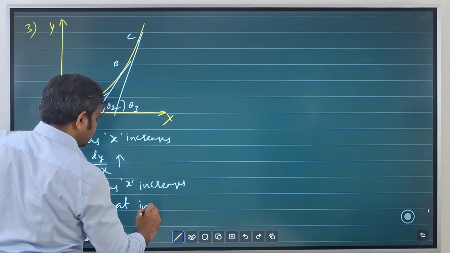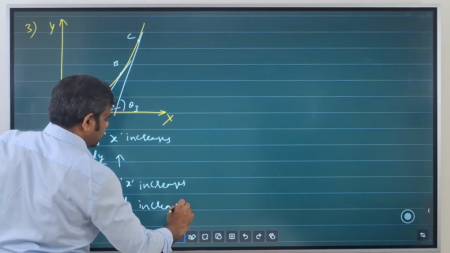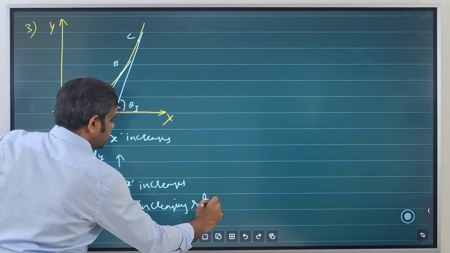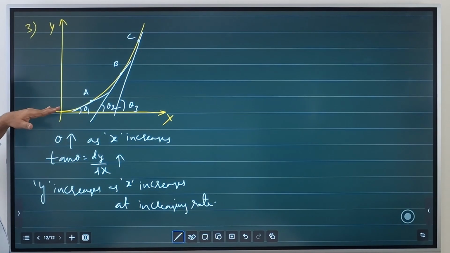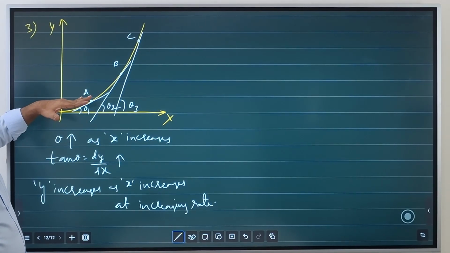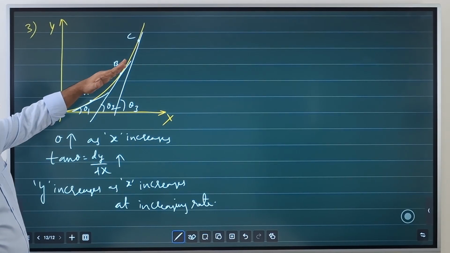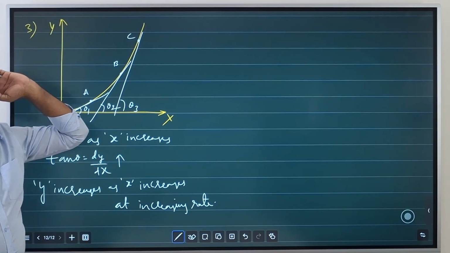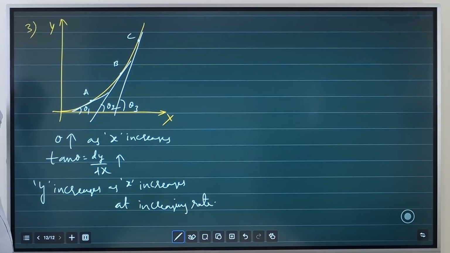At increasing rate. So the graph is initially flat almost, but the graph becomes steeper and steeper at greater values of x.